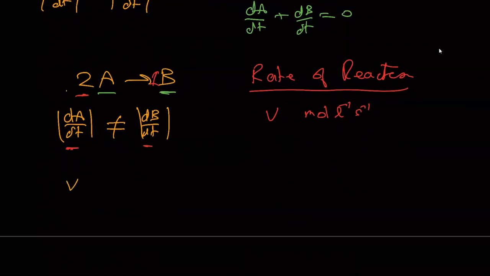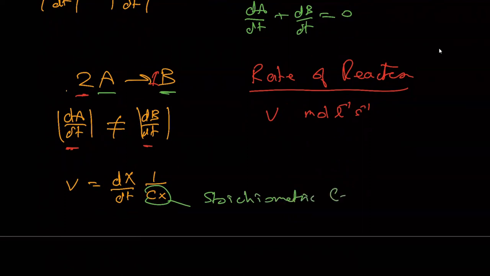So if I use the species X to measure the reaction rate, then the reaction rate is dX by dt multiplied by 1 over this thing here, Cx, which I'm going to call the stoichiometric coefficient.